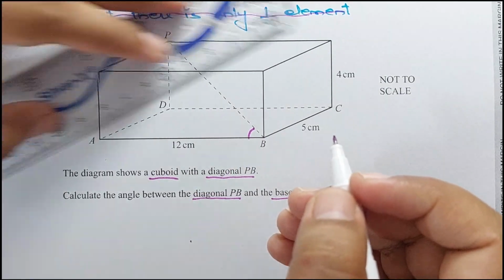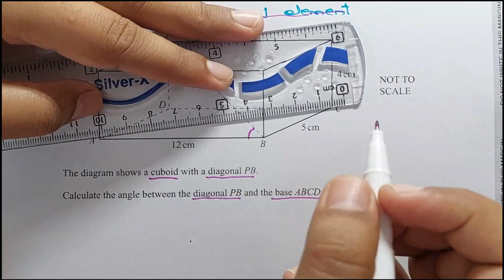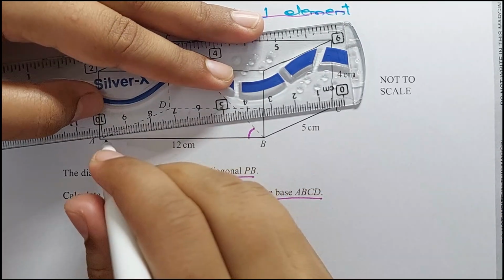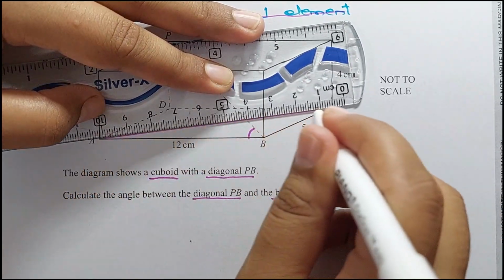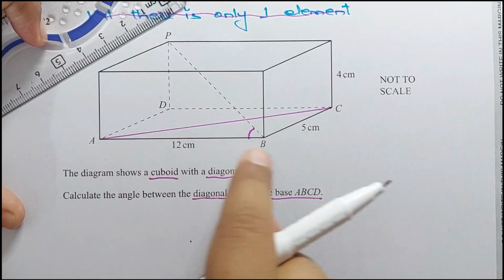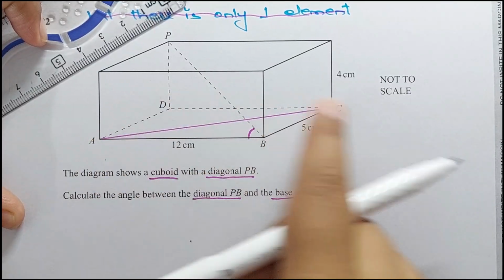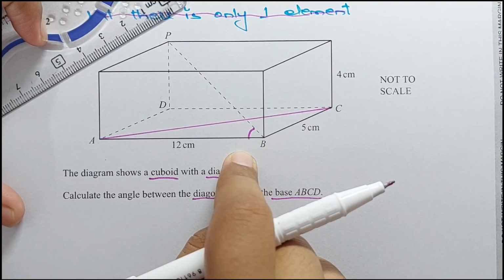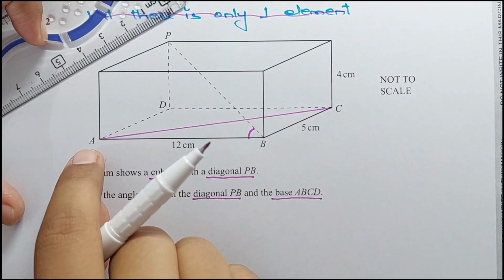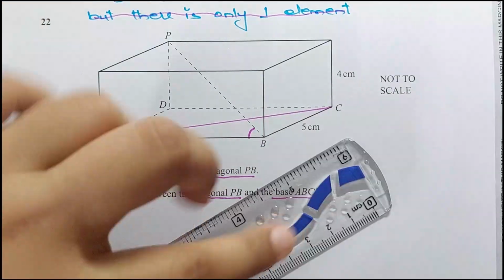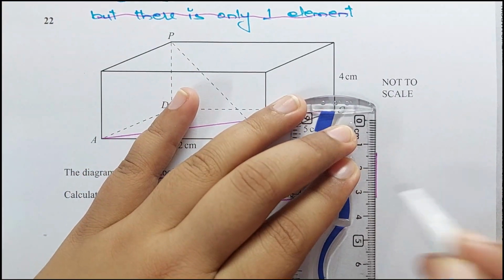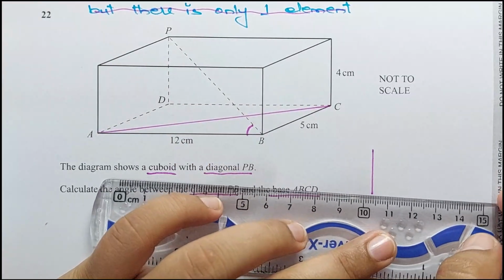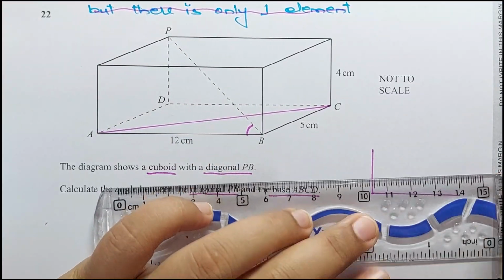So if you have a base ABCD, it's a rectangular base. Let me join the diagonal A with C. ABCD is a rectangle since it is a cuboid, so the cuboid base is a rectangle. Let me draw the base of the cuboid, which is a rectangle ABCD, to make it more understandable.